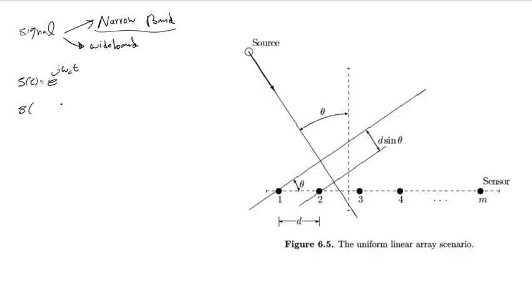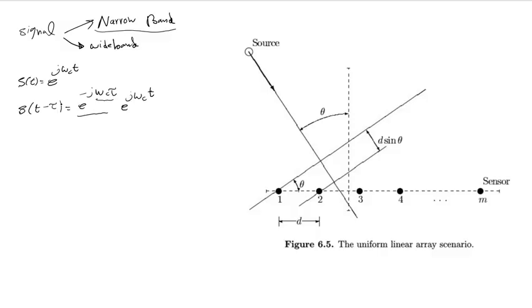This is the key here. s(t − τ) equals e^{−jω_c τ} e^{jω_c t}. We have here −ω_c τ as a phase shift. So time delay appears as phase shift. Actually, time delay is converted to phase shift in narrowband signal processing.